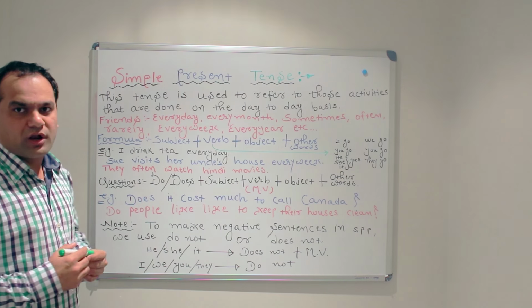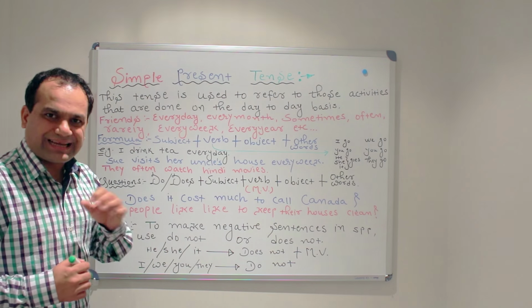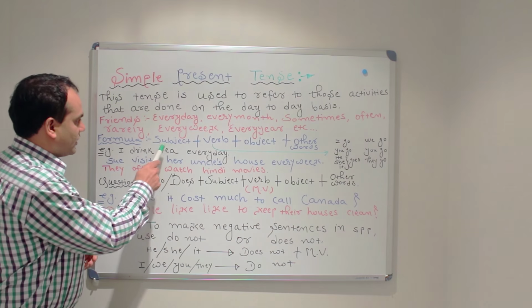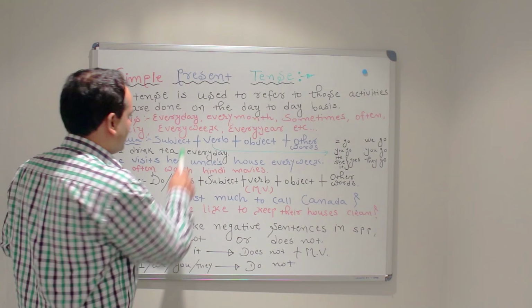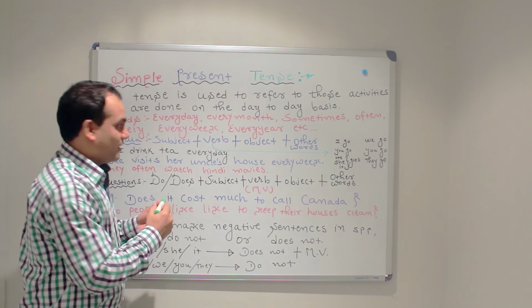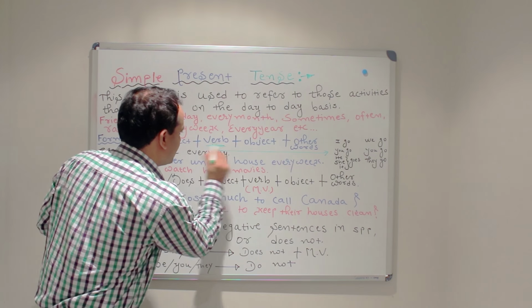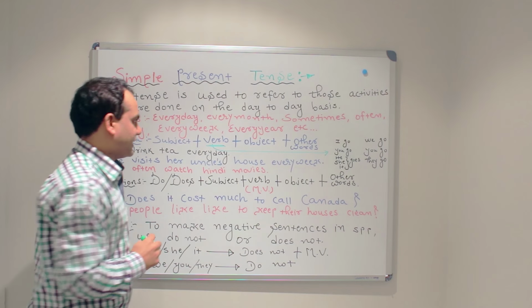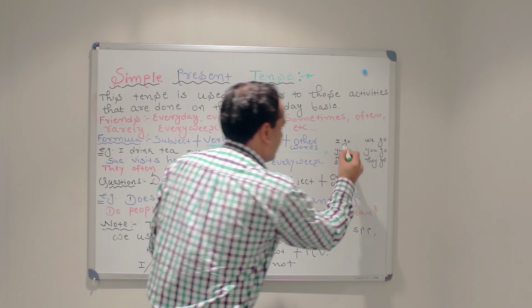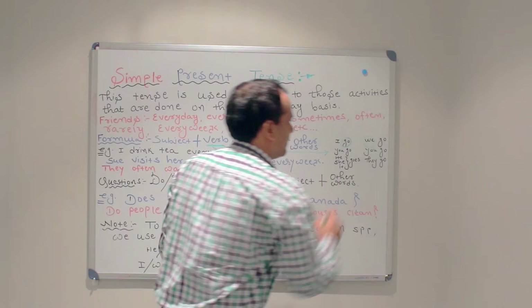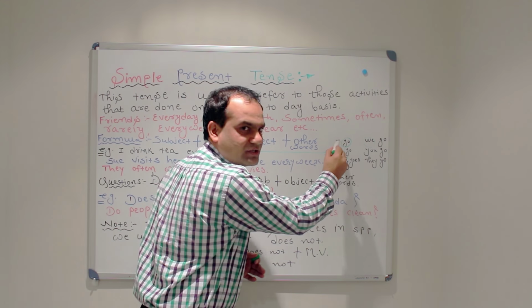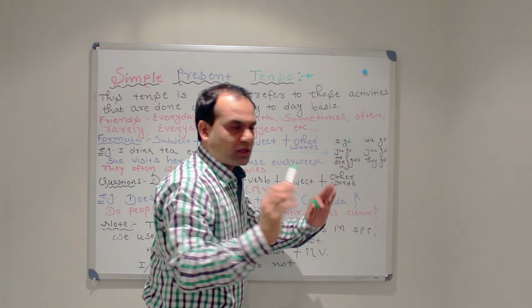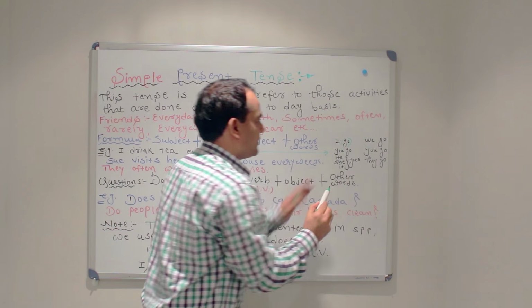So here is the formula to construct a sentence in simple present tense. You have to have the subject in the beginning, then comes the verb. Now, this part is a bit tricky one in simple present tense. If you are talking about first person singular, you use the main verb. I go.